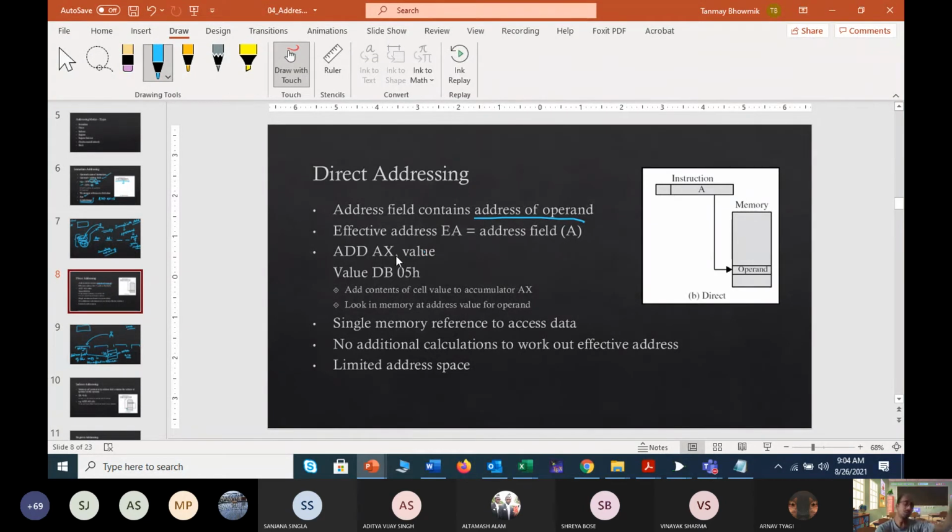So you have just passed the instruction, and the variable will be your effective address. That means this operand will search for this value in another location where the value is stored. From the memory it will fetch its value. So A is your operand, but A's value has been stored in the memory.